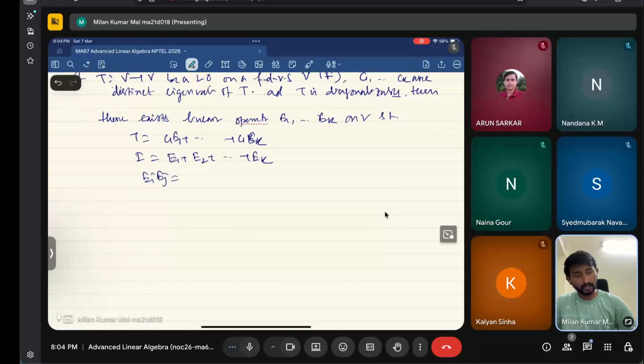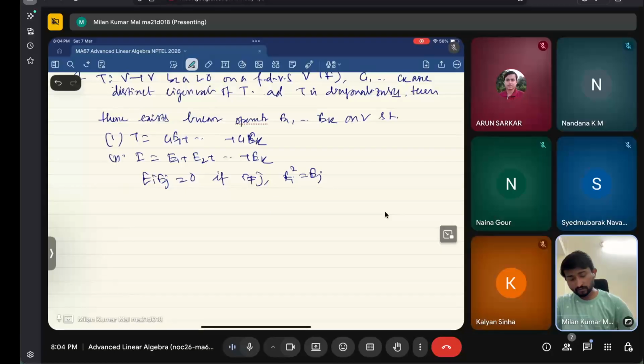That means EiEj is equal to 0 if i not equal to j, and Ei squared is equal to Ei, that is, a projection.